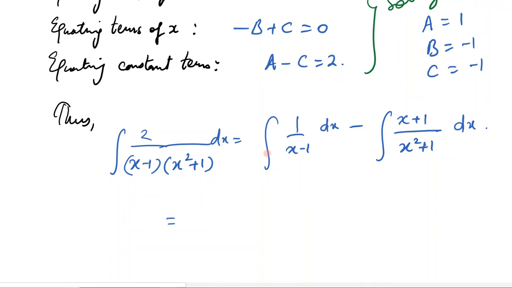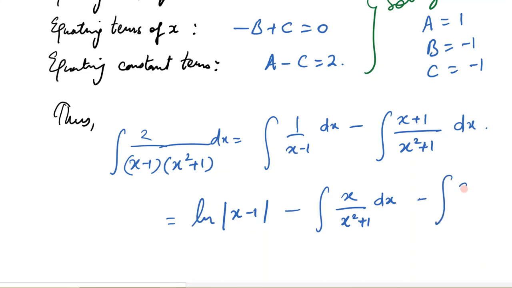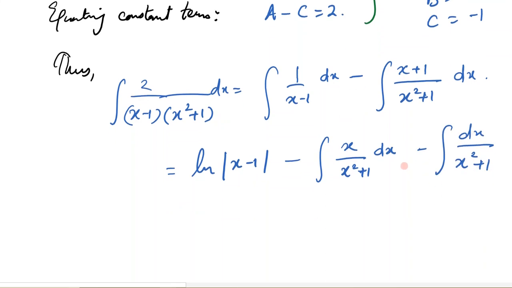So how do we solve the integral of 1 over x minus 1? That would be ln of the modulus of x minus 1. And for the other one, we can decompose it again. We can rewrite this as two integrals: the integral of x over x squared plus 1 dx, and minus the integral of dx over x squared plus 1.